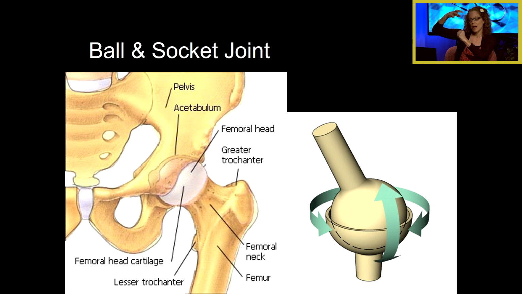So we've got the acetabulum here, we've got the femoral head here, and it connects in this way. And then, of course, remember, we've got that cushion and that synovial fluid allowing that bone to move freely inside of that joint. And so we've got cartilage in the femoral head, and then we have our femur bone.